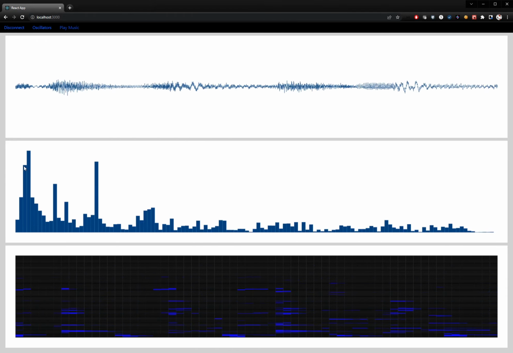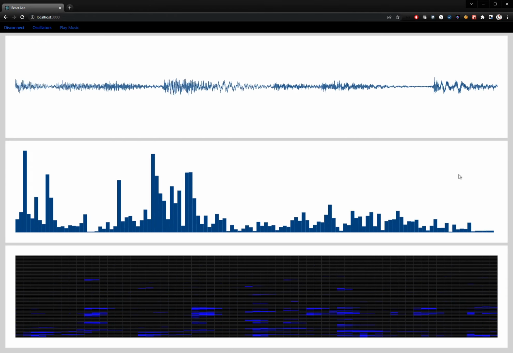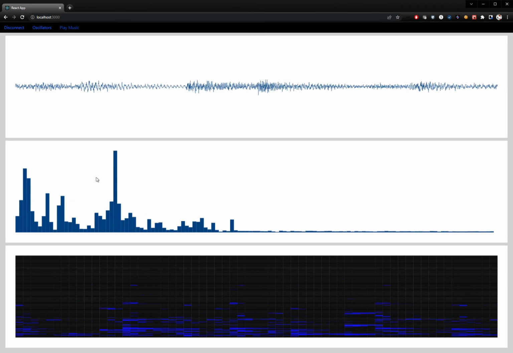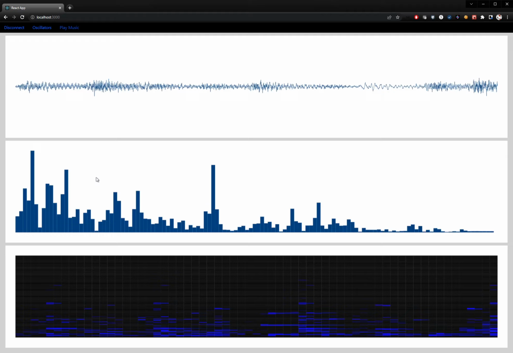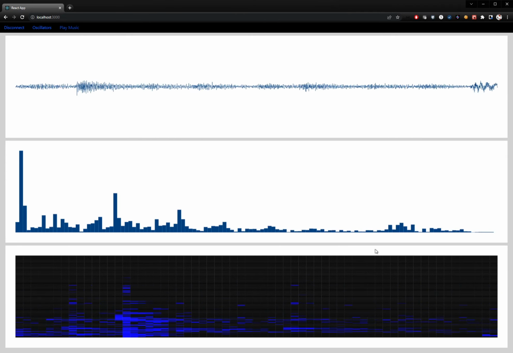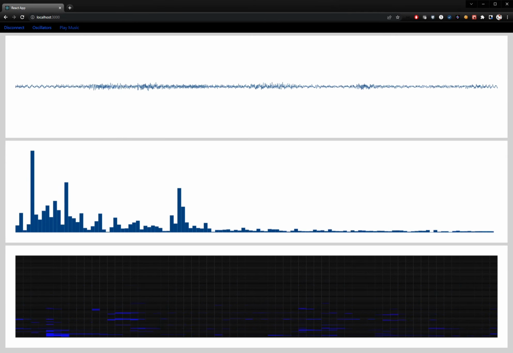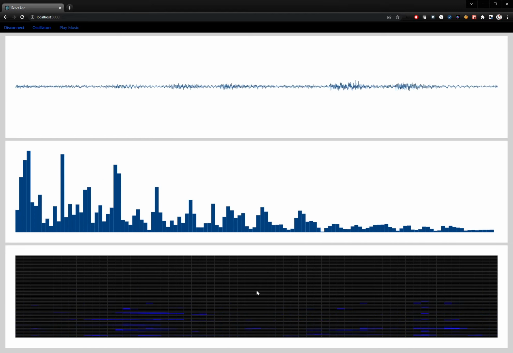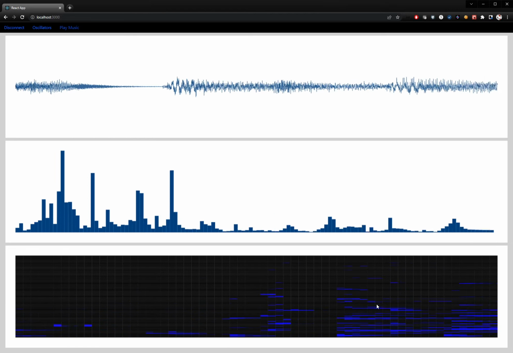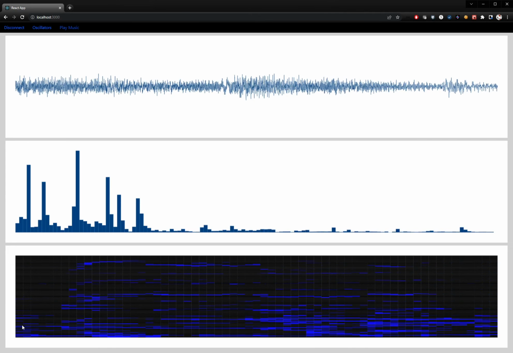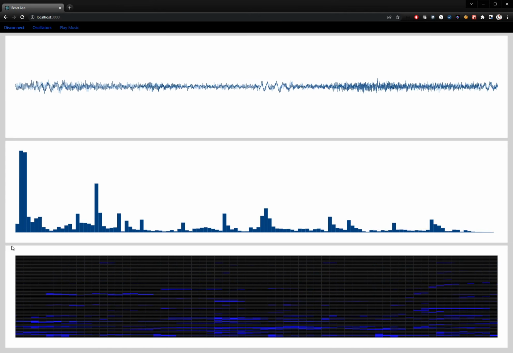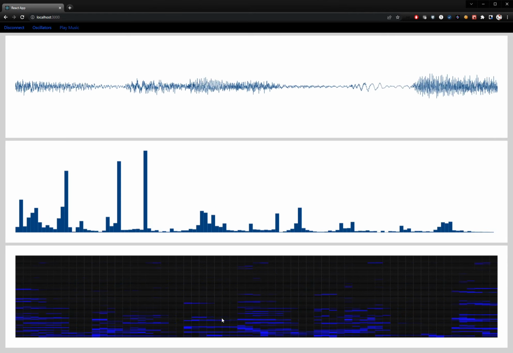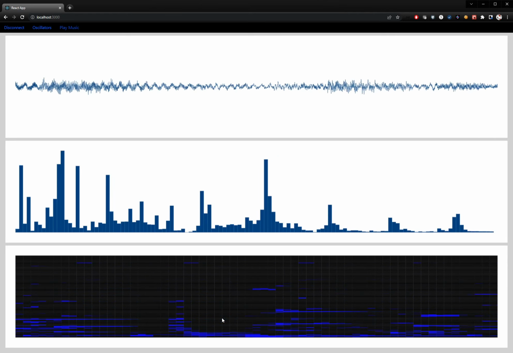And in the visualization below that, you can see what's going on at a point in time, but you can't see the bigger picture of the entire waveform. So it's only in this bottom spectrogram that you can see all three of those dimensions at the same time. You can see a chunk of time on the x-axis, you can see the frequency distribution on the y-axis, and you can see the intensity of each frequency based on the color.